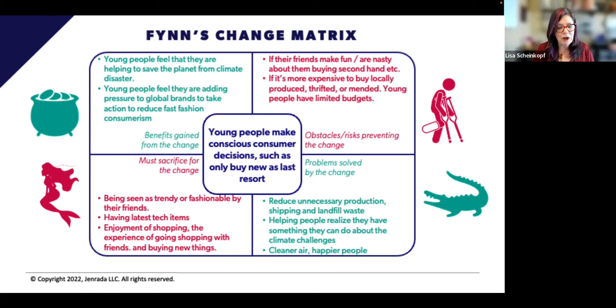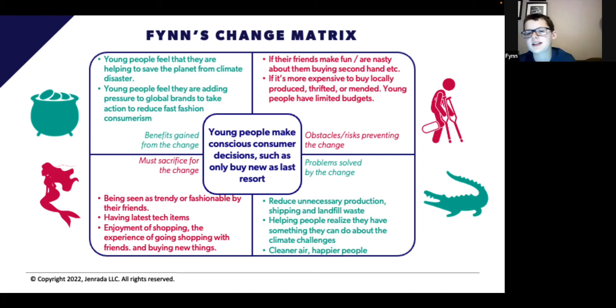So Fynn, walk us through what you wrote here. So the first one, being seen as trendy or fashionable by your friends. Unless you're in a very specific community that already understands the need for this, for quite a while at least, people would not be seen as trendy, would not be seen as fashionable, which currently with my age group is a really important thing.